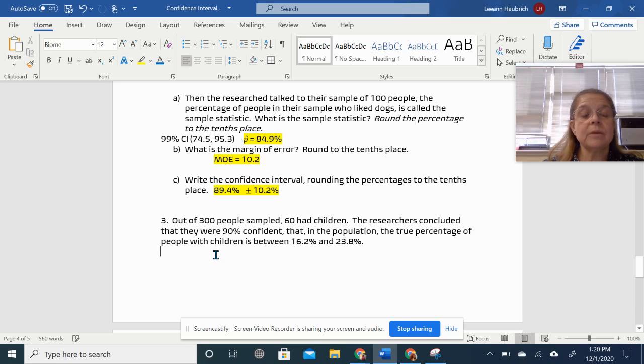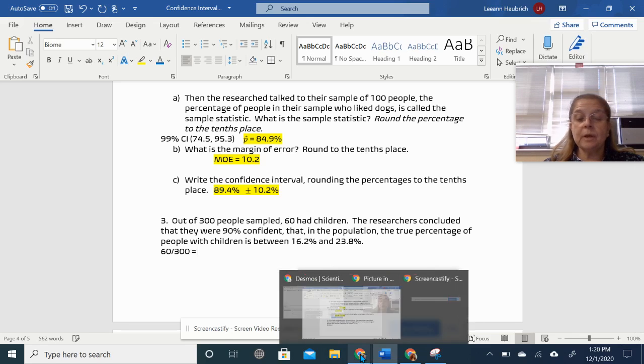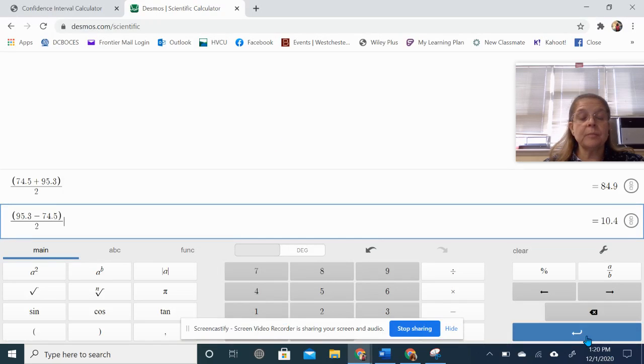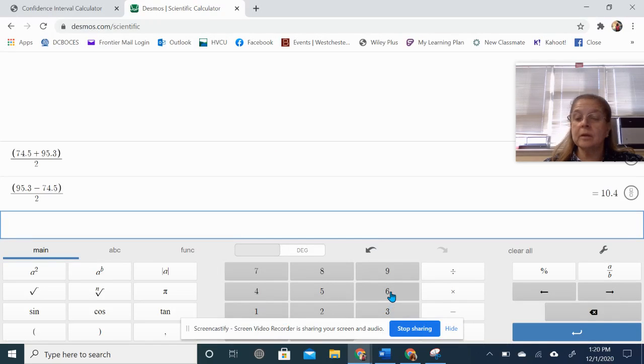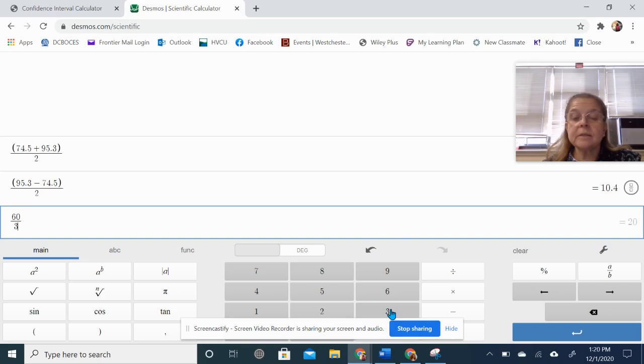So the first thing we have to do is figure out what is, I can see it already, 60 divided by 300 equals, well, if I take the zeros off, it's going to be 0.20, but just in case you don't believe me, I'll do 60 divided by 300, and it is 0.2.